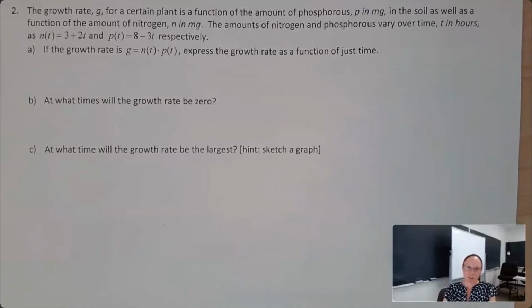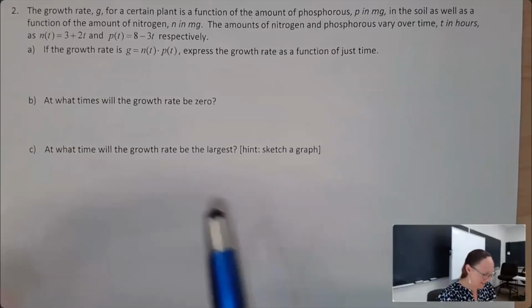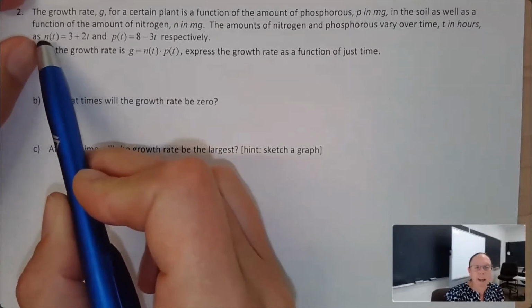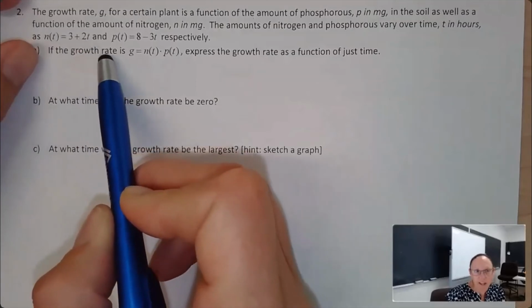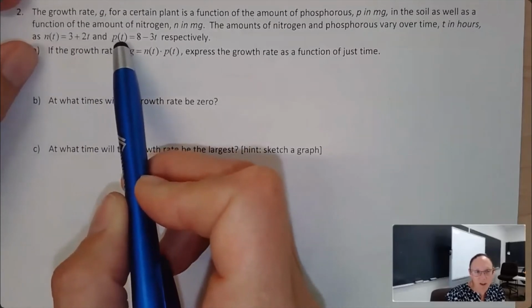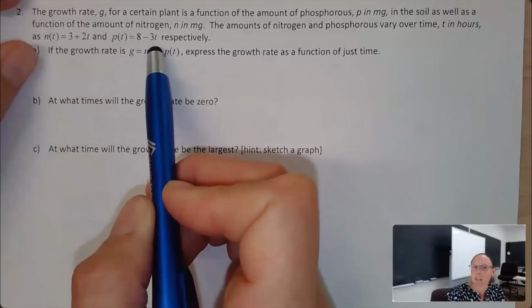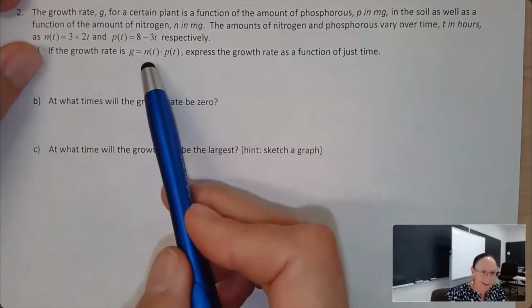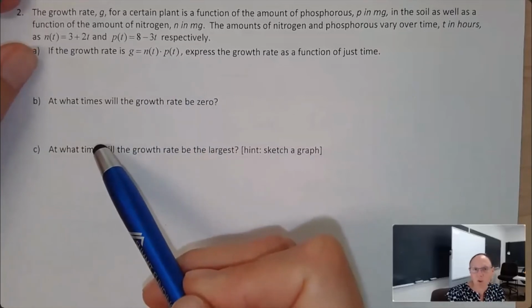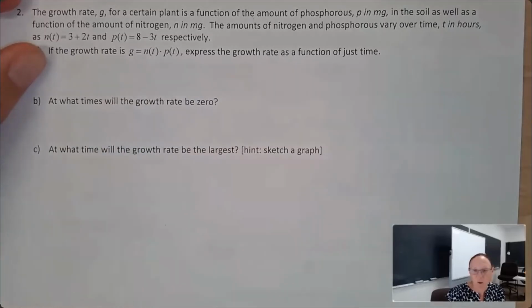The amounts of nitrogen and phosphorus vary over time, t in hours, and I read this as N of t, or nitrogen as a function of time, is equal to 3 plus 2t, and phosphorus as a function of time is equal to 8 minus 3t, respectively. If the growth rate is N of t times P of t, express the growth rate as just a function of time. That's a whole lot of words that aren't really telling us to do much.